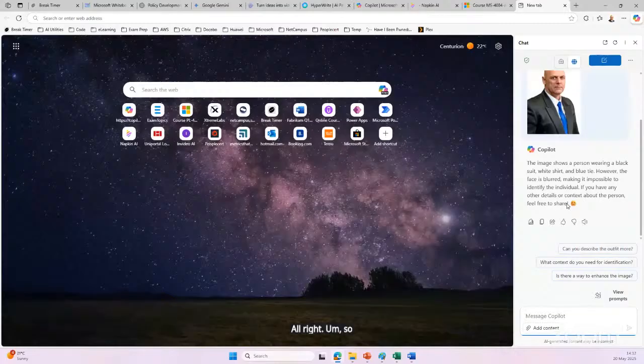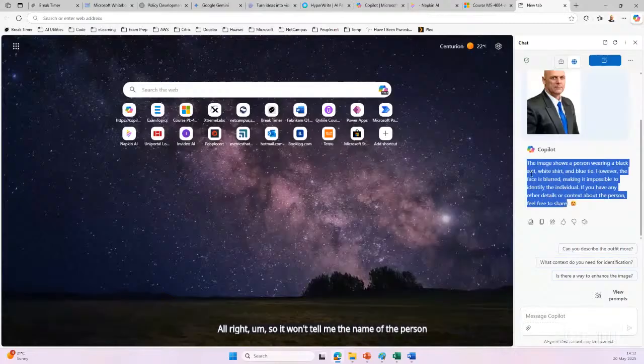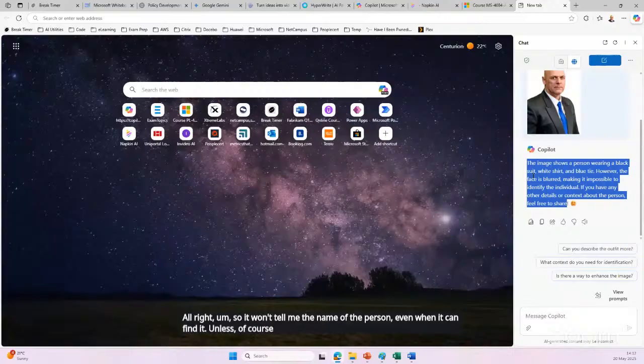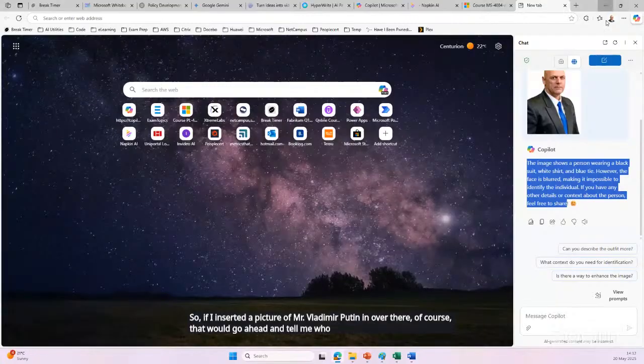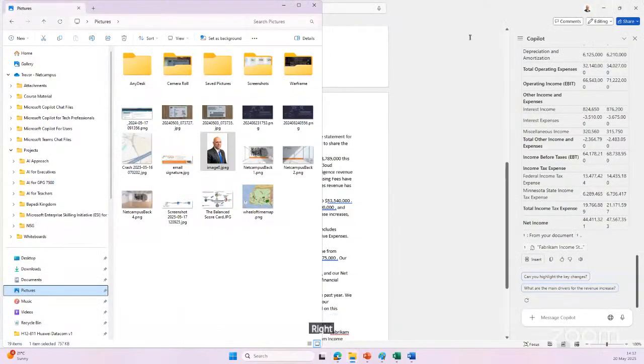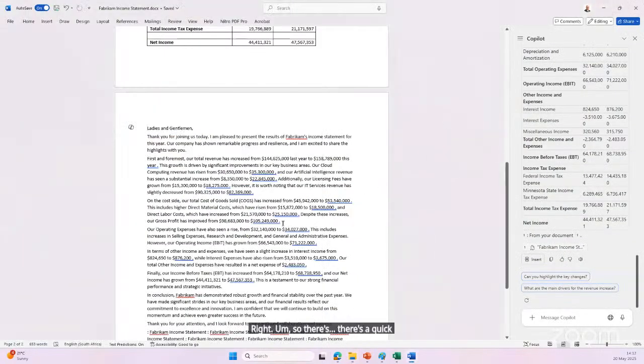It won't tell me the name of the person, even when it can find it, unless, of course, you're a public figure. If I inserted a picture of Mr. Vladimir Putin over there, that would tell me who that was. So there's a quick way in which I can identify and analyze specific types of data.